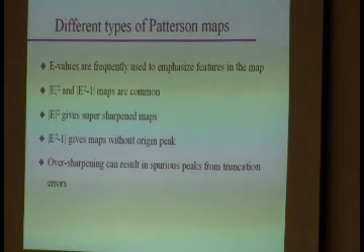Now, what kinds of Patterson maps do you usually get? As I said just a moment ago, often you get some that are done with E values. There are several ways of plotting those. Sometimes you get E squared maps, okay, just similar to F squared, where F squared would be the intensity. And sometimes you get E squared minus 1 maps, okay.